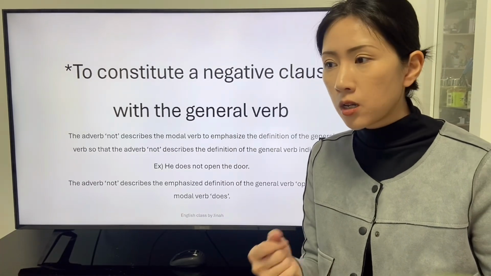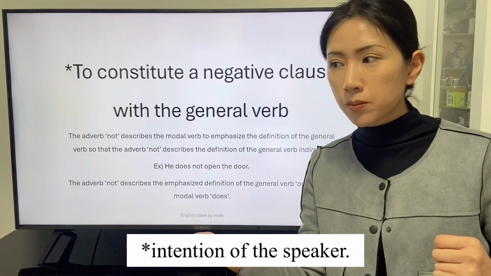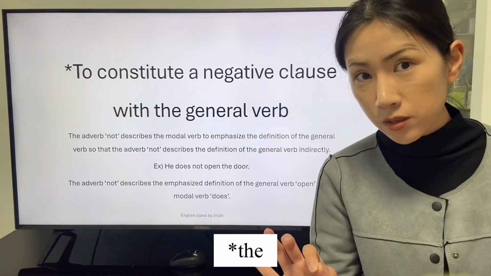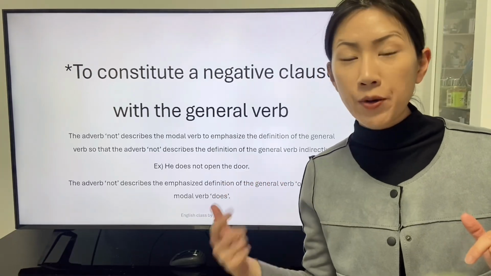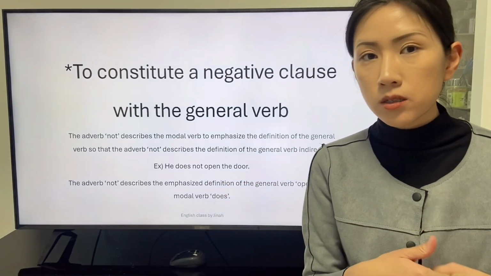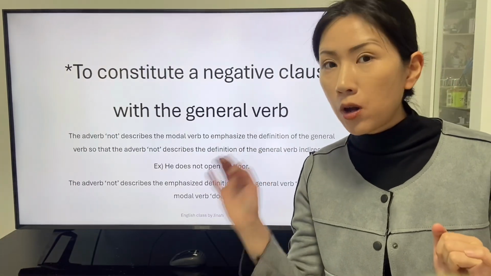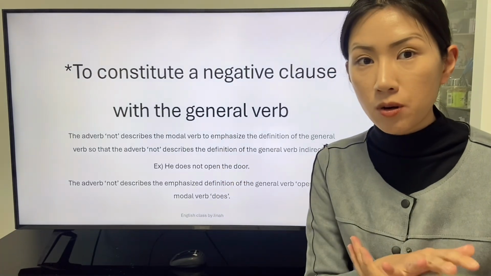The clause conveys a vague condition, except that the specific action is very vague. So the adverb not describes the modal verb does to emphasize the definition of the verb.